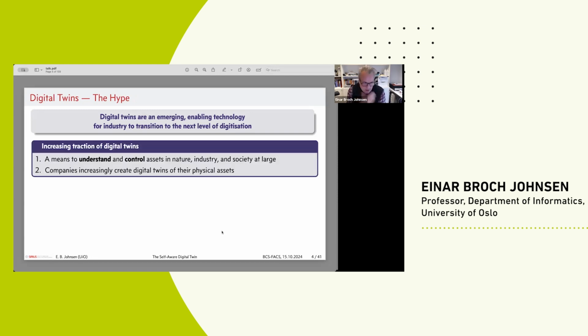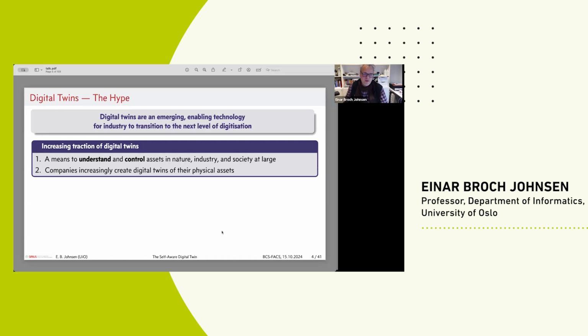Basically, a digital twin can be seen as a means to understand and control assets, in a broad sense. We can talk about assets in industry, but increasingly also assets in nature or assets in society. And any company with a minimum of self-respect today has a digital twin and boasts about it on its website. This is just a fact.